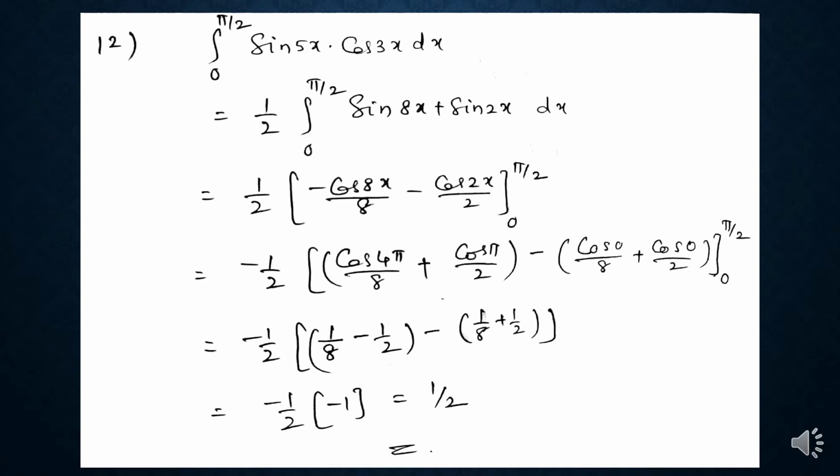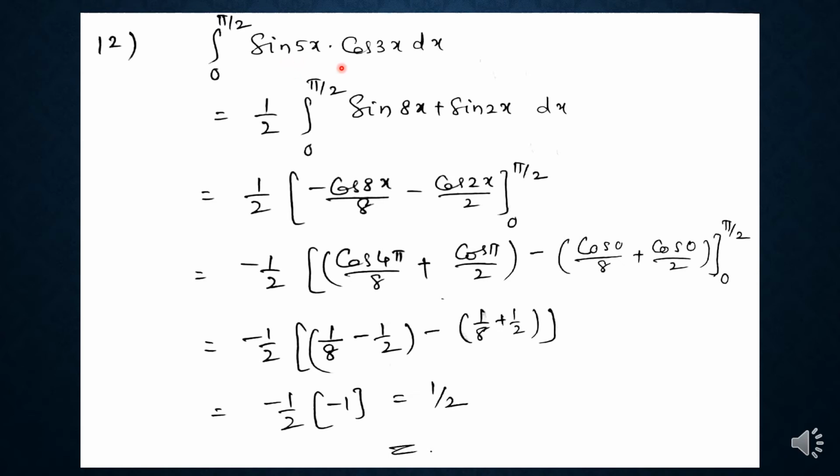This is not the product rule; by using transformations we can write the product in another form. This is in the form of sin A into cos B. We know that 2 sin A into cos B is equal to sin of A plus B plus sin of A minus B. Similarly, sin A into cos B can be written as half of sin of A plus B plus sin of A minus B.